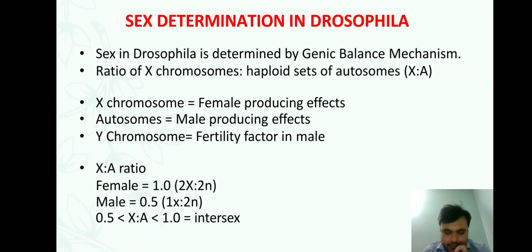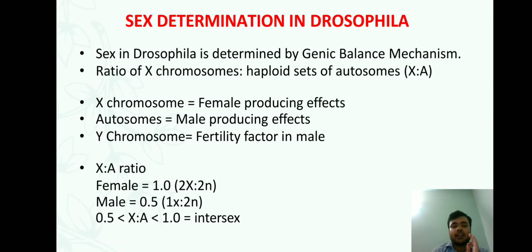In humans, we know that the Y chromosome is very much necessary for producing a male sex and controlling maleness. Whereas in Drosophila, the X chromosome is very much essential for the female-producing effects, whereas the autosomes control the male-producing effects, and the Y chromosome is only important for fertility.